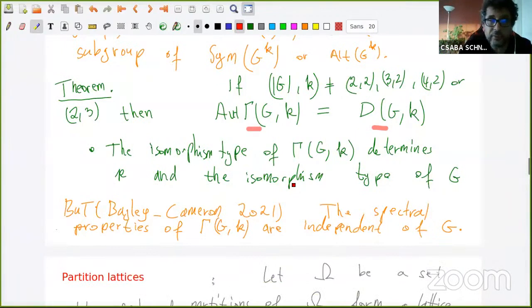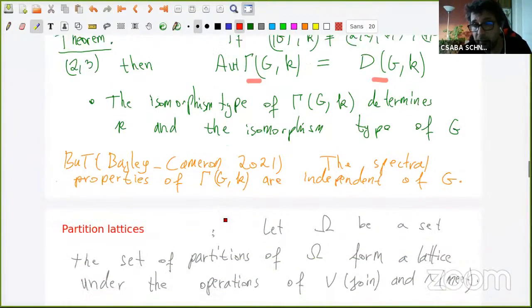And also, this is an even more recent result by Rosemary Bailey and Peter Cameron, that even though these graphs are non-isomorphic, if you take two non-isomorphic groups, the spectral properties of these graphs are independent of the group G. They only depend on the size of G. So if you take two groups of the same size and the number K, then you construct these two diagonal graphs, the diagonal graphs will have the same eigenvalues and the same multiplicities, the same dimensions for the eigenspaces, which is quite interesting.